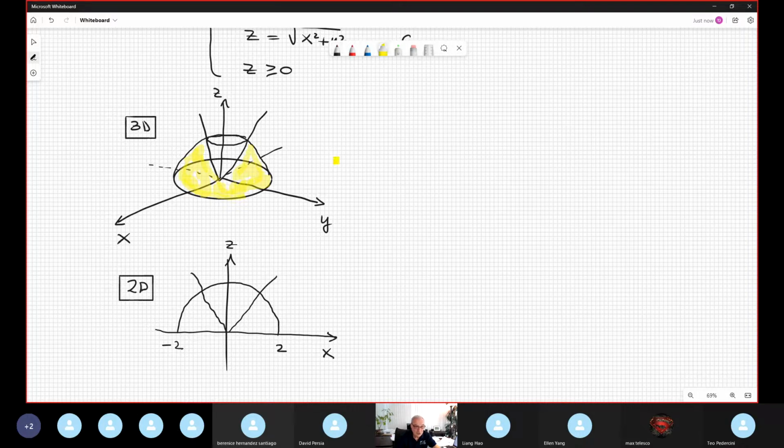My solid then is in the upper. No, it's below the cone, not above. It's a weird solid. Okay. Is it enough? I suppose not. I suppose I need another view.